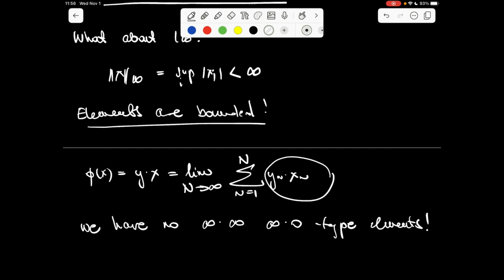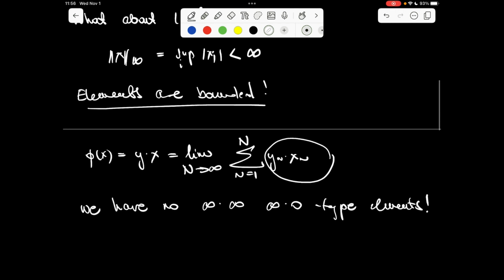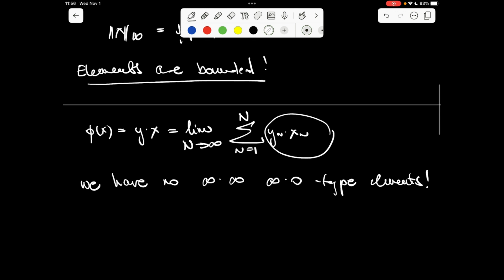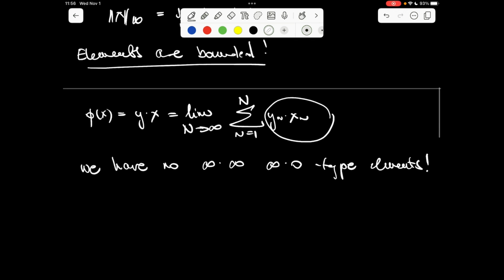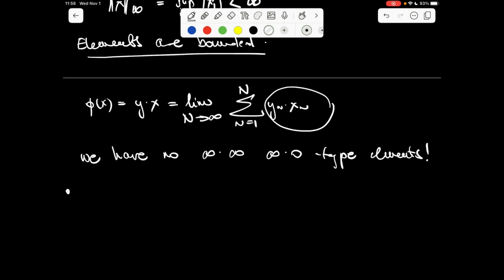Some questions remain. We need to check if it is a linear functional, if it is bounded, and if it is continuous. So we need to check two characteristics, starting with linearity.